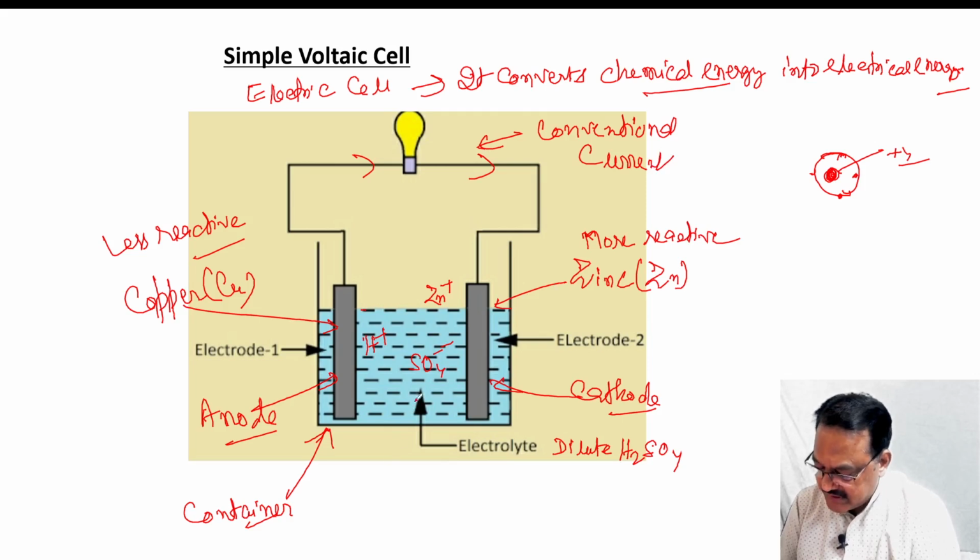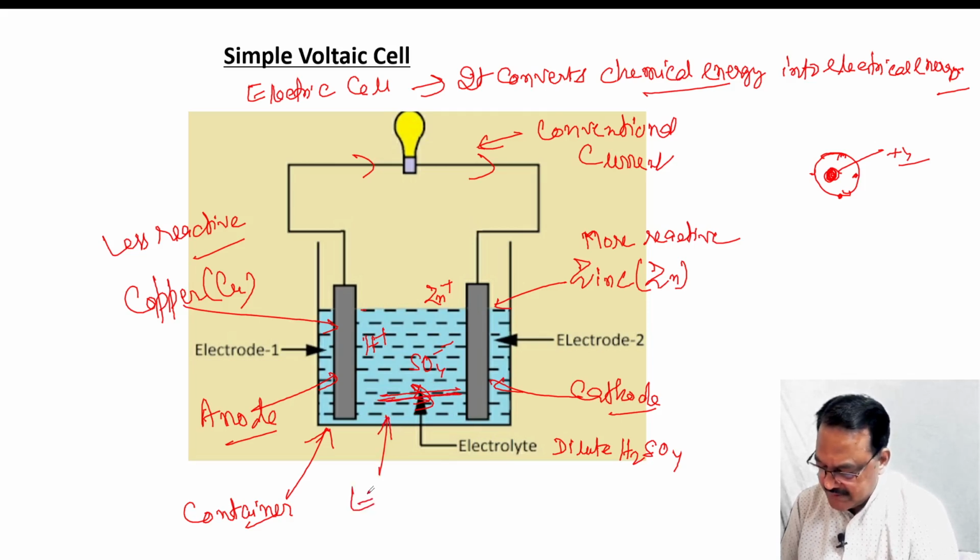But internally, due to the flow of electrons, conduction takes place, with electrons moving from positive to negative, from this side to that side. So electronic current is flowing.